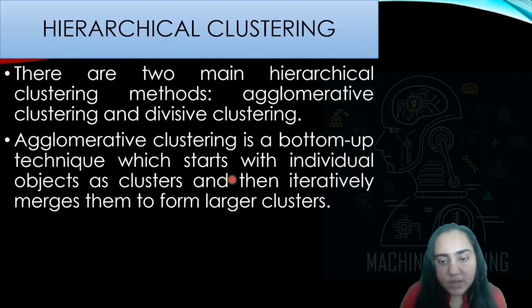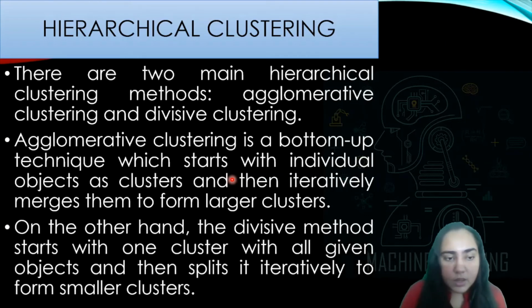So this is like creating a tree data structure, but starting from the leaves instead of from the root. And the other one is the divisive method, which starts with one big cluster. It considers that all the data points form one big cluster, and then it goes on splitting and creating smaller clusters iteratively, one by one.